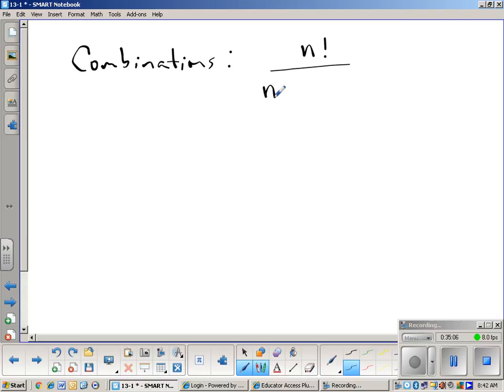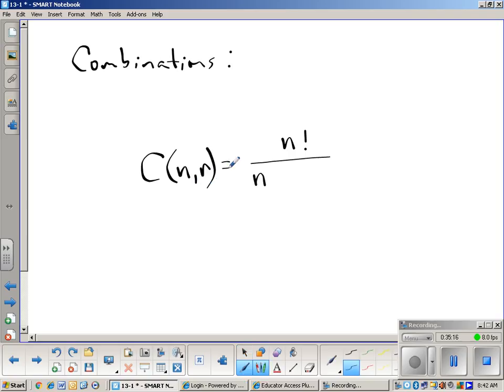Actually, let me move this down. This is written this way. So the combination of n elements r at a time is n factorial over n minus r factorial times r factorial.